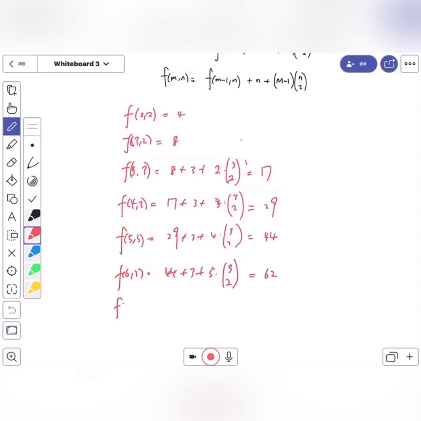Now f of 7, 3 is equal to 62 plus 3 plus 6 times 3 choose 2. And this actually gives us 83.